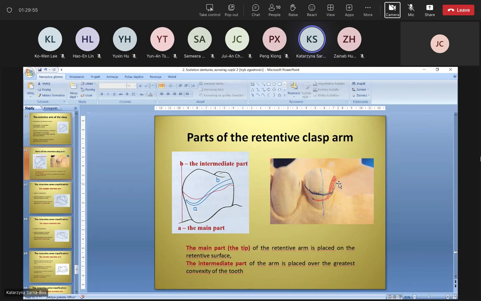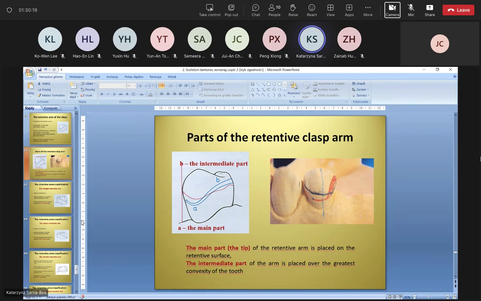So these are the two parts of the retentive clasp arm. And we've also got the reciprocal clasp arm, which is all placed above the cervical line, above the greatest convexity of the tooth, and the reciprocal arm of the clasp is responsible for the stabilization of the denture.